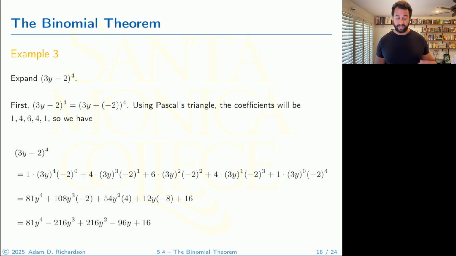All right, so what I'm saying is I'm just going to keep it as like that, that, that, and then do another simplification step in which I get this. So 3y minus 2 to the fourth is equal to this. How cool is that, right? You don't need to do it by hand. You don't need to do 3y minus 2 times 3y minus 2 times 3y minus 2 times 3y minus 2. You can use the patterns that we've explored in this section.